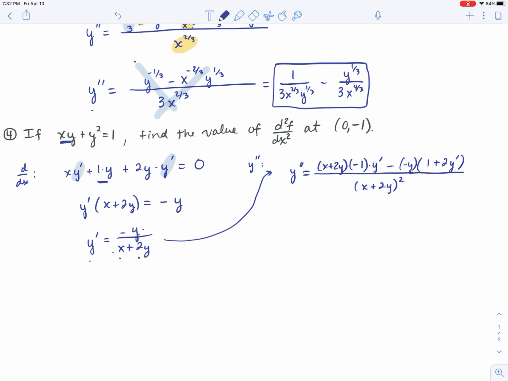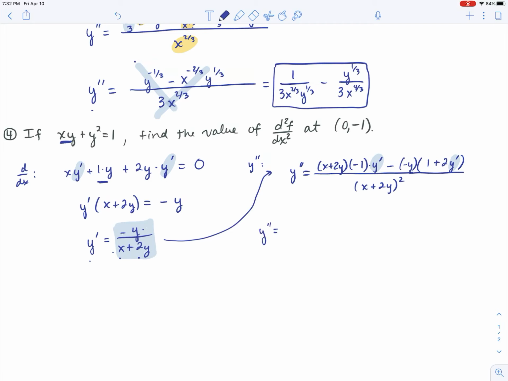So now we just need to clean it up. We do have y prime, which is right here and right here, and so we can put that in, and then hopefully we can do more to simplify this.